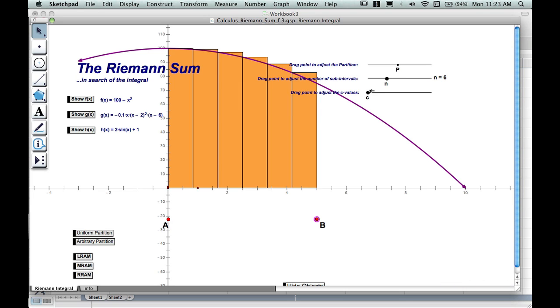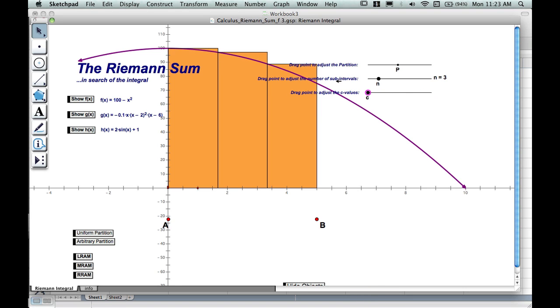If we used RRAM, we'd be using the right side of the subintervals to obtain the height. And for MRAM, we would be going to the midpoint of each subinterval and looking at the height of the function there.